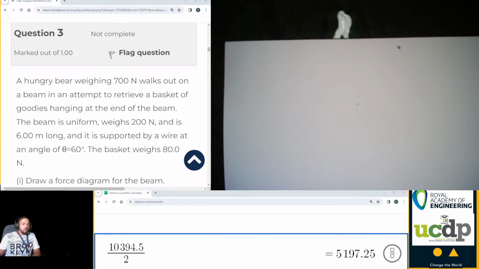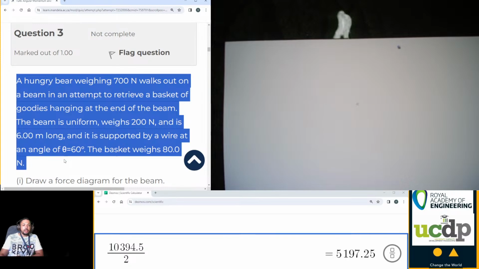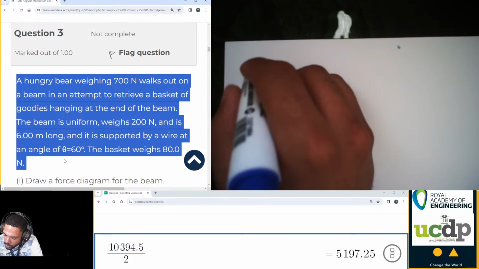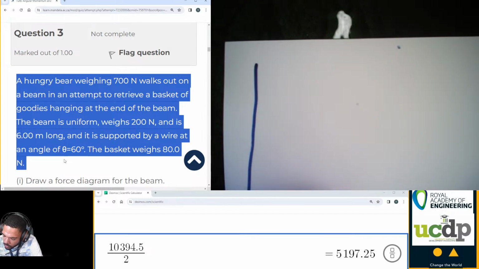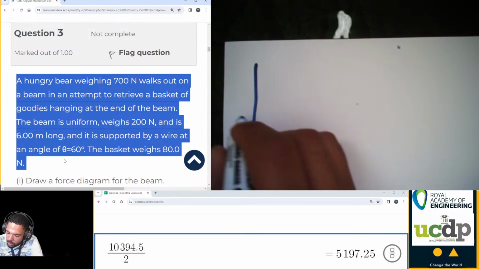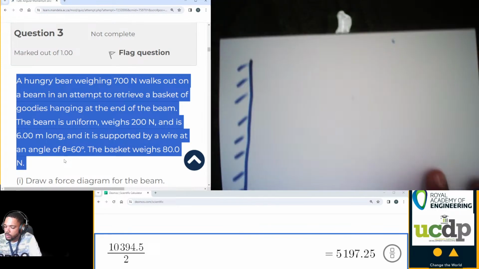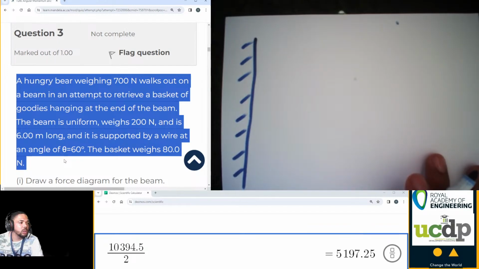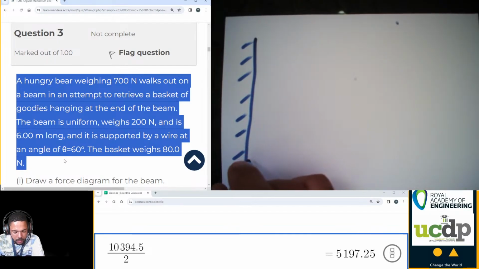So, question 3, let me highlight it. A hungry bear weighing 700 newtons. Okay, this is the situation. This is a wall. We have a pivot there.